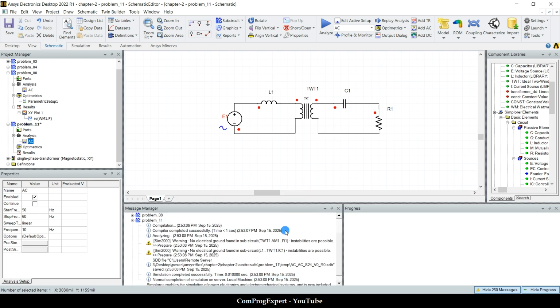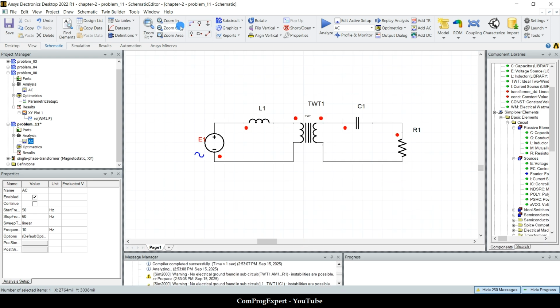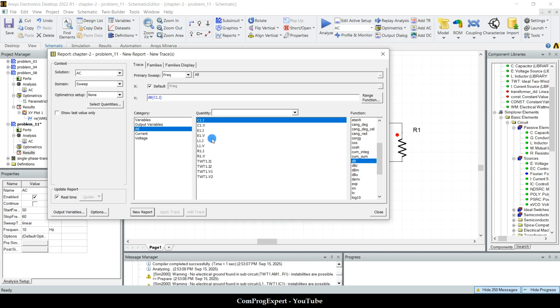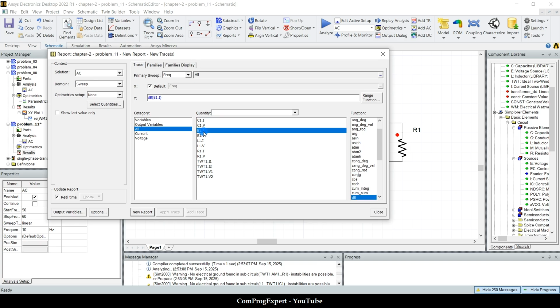Also, you can add ground for reference in the primary and secondary side. So from results, let's check the value of the current E1.I, the current of the voltage source.